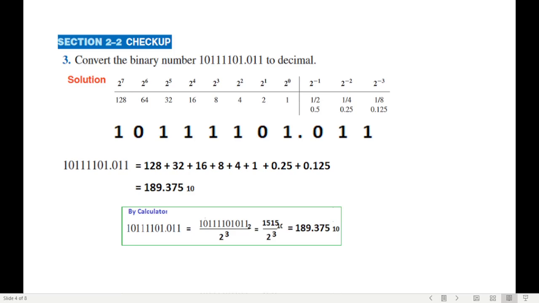We change the mode, go to COMP 1, answer divided by 2 power 3, or 2 power 3 is 8, so we'll divide it by 8. So this is the answer, and we press S-D, so 189.375. So this is also verified.